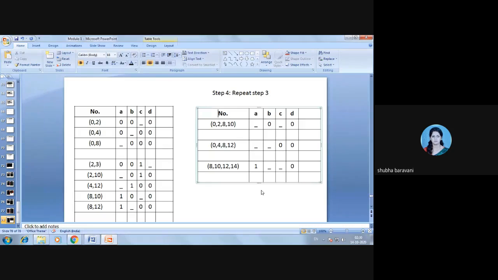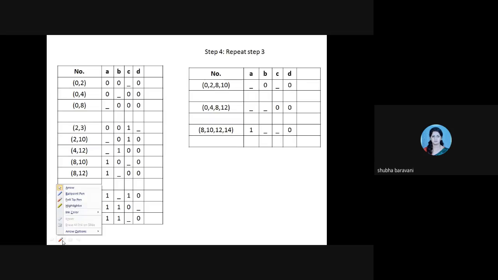Check your step 4. Confused somewhere? Or are you getting the same?